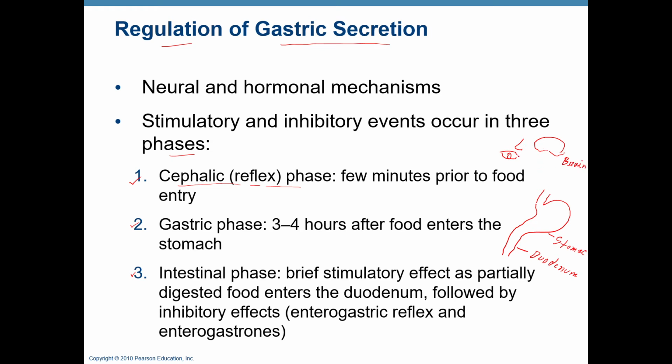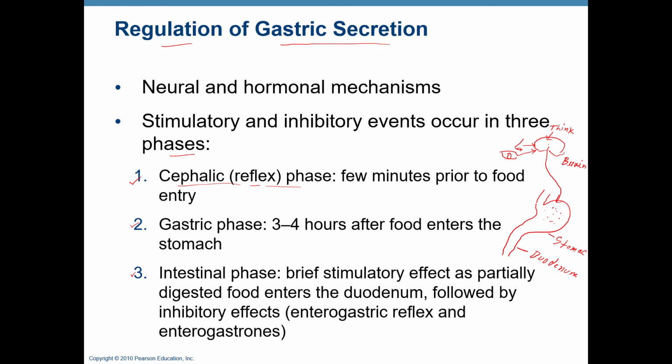When you see food, that signal goes to the brain. When you smell the food, that signal goes to the brain. And even if you think about food, that signal stimulates the brain, and then the brain sends a signal to the stomach, to the gastric gland, to cause the secretion into the stomach.